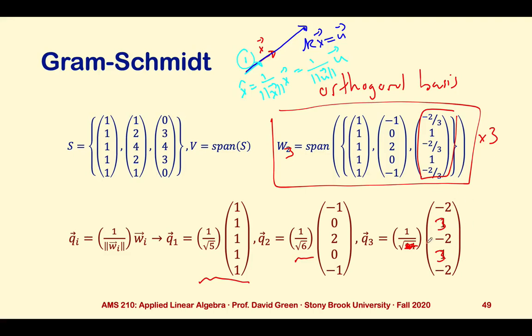The length squared of this vector is 4 plus 9 plus 4 plus 9 plus 4. 4 plus 4 plus 4 is 12. 9 plus 9 is 18. So the sum of these is 30. We multiply this by 1 over square root of 30 to give us our final answer.